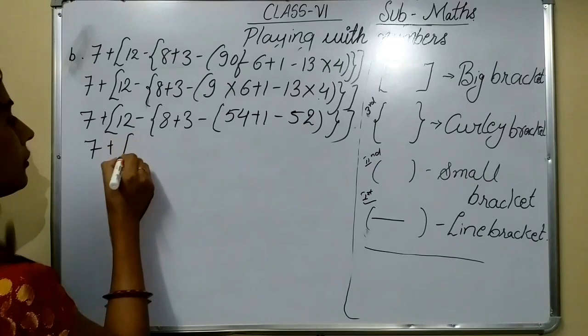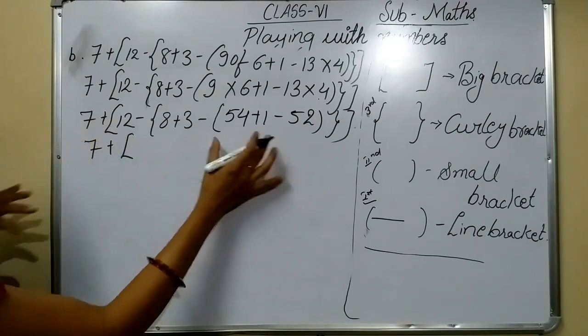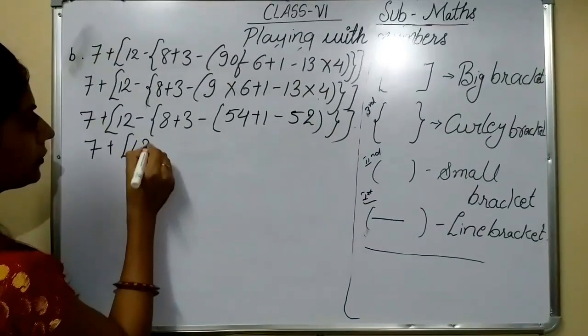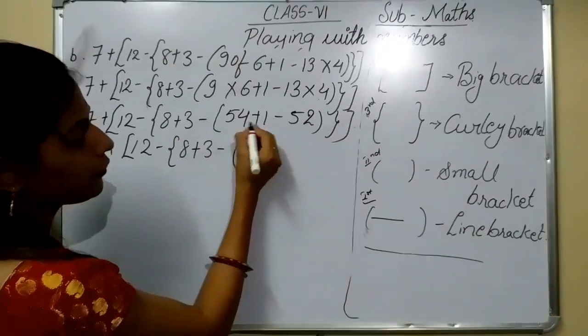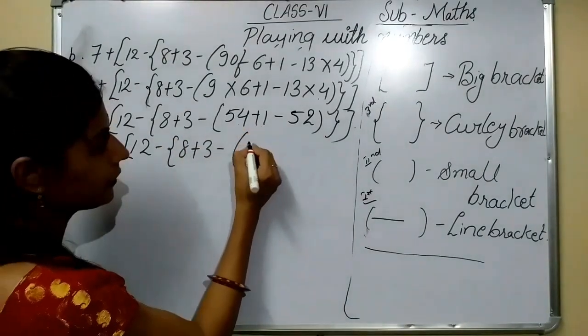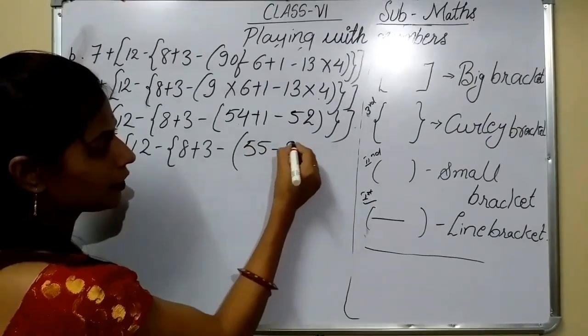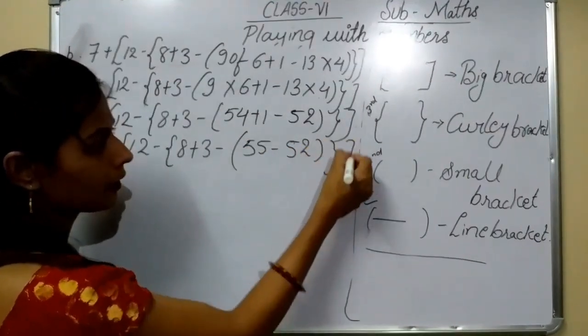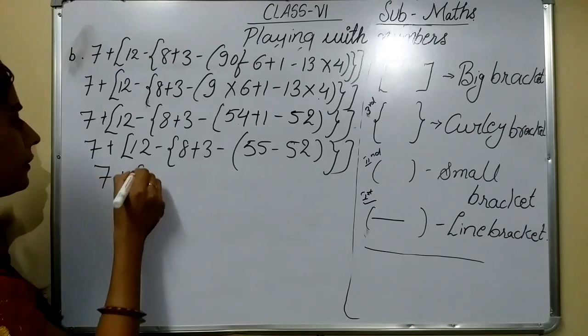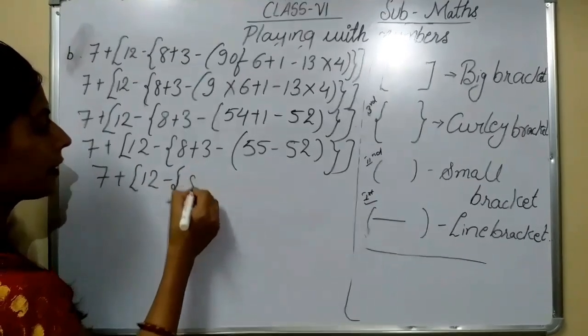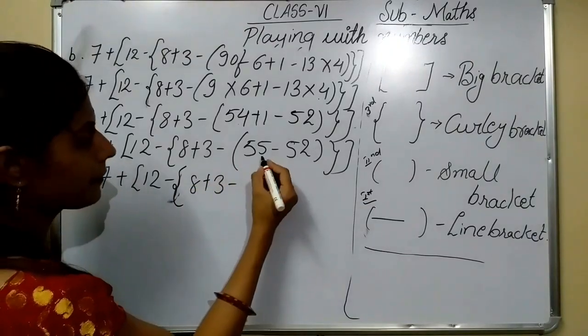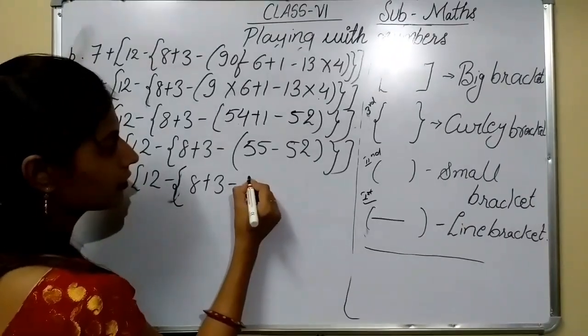7 plus, now we have to solve the small bracket. 8 plus 3 minus 54 plus 1, that is 55, minus 52. 7 plus 12 minus 8 plus 3 minus, your answer here is 3.